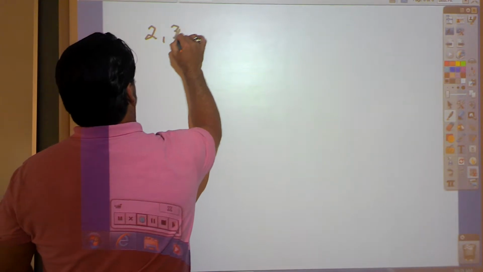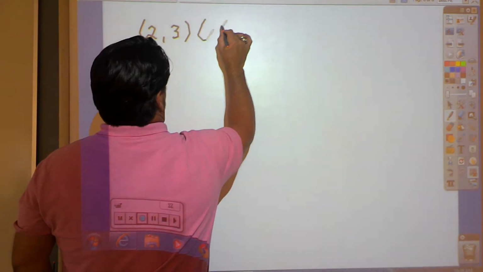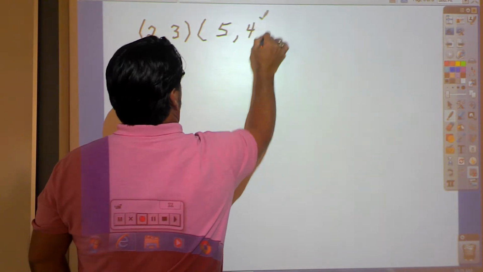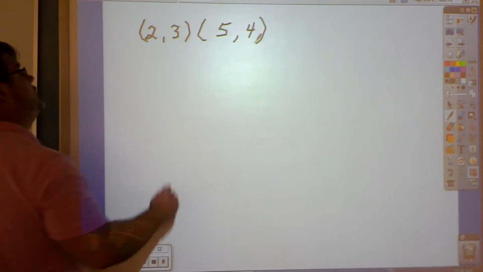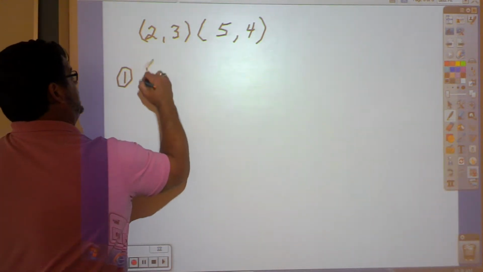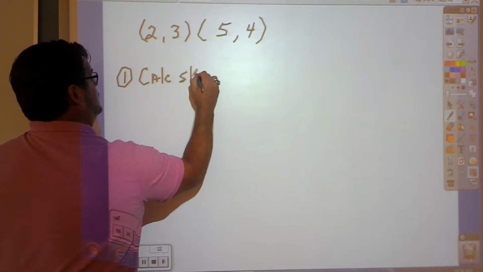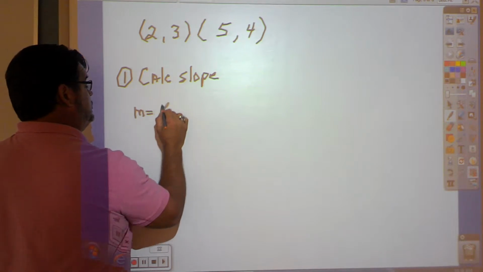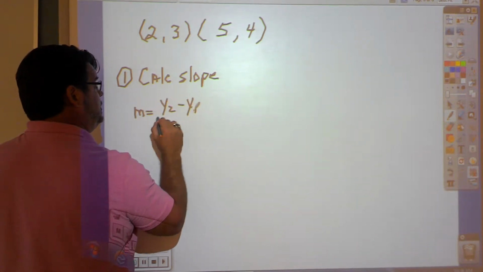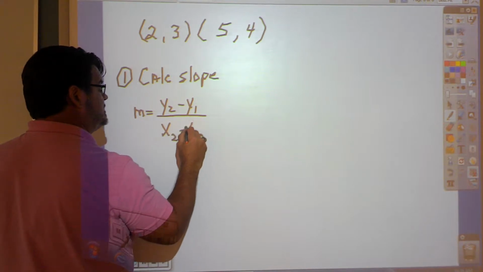Let's use the points (2, 3) and (5, 4). And I want you to find an equation for this line. So the first thing I want you to do is calculate what? The slope, because you need a point and a slope to do the point-slope equation. So, number 1, calculate the slope. That's going to be m is equal to y sub 2 minus y sub 1 over x sub 2 minus x sub 1.